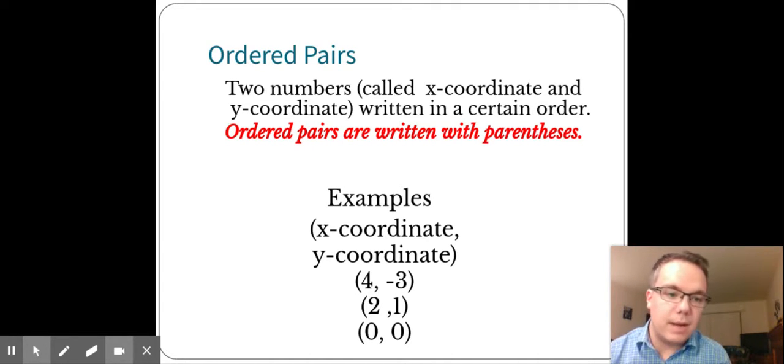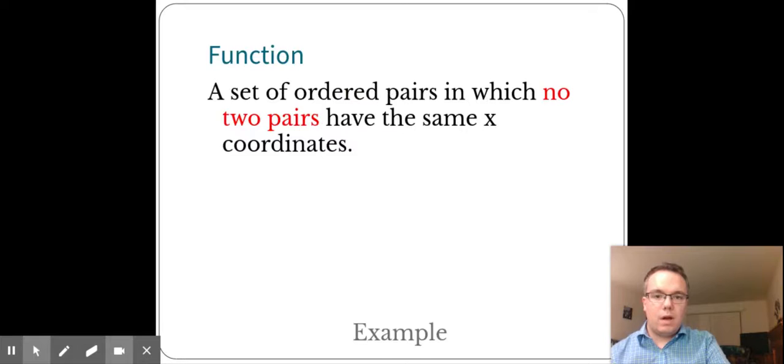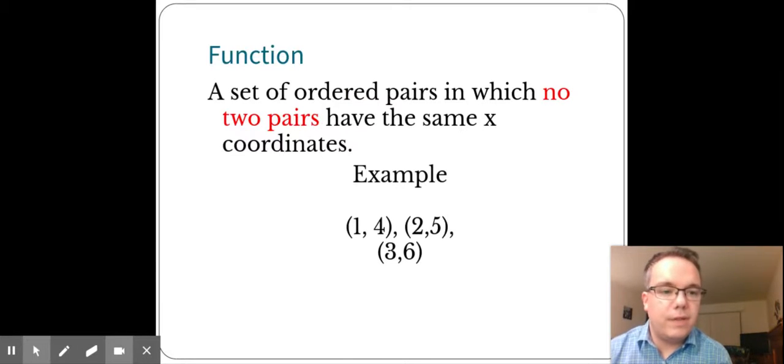And why those come into play today is because our simplest definition of a function is just a set of ordered pairs in a way that we do not share any x-coordinates. So no two pairs have the same x-coordinates.